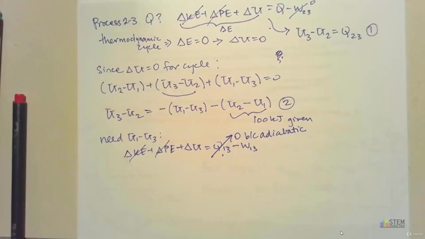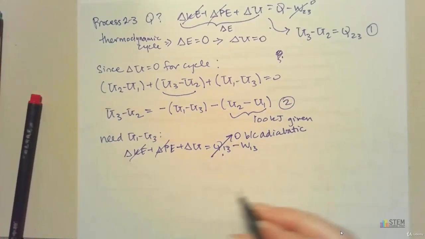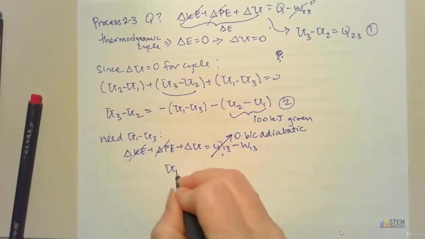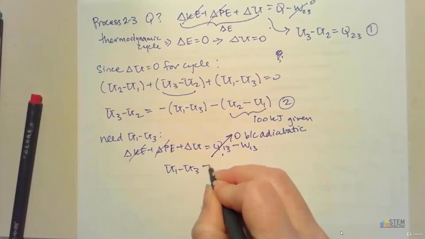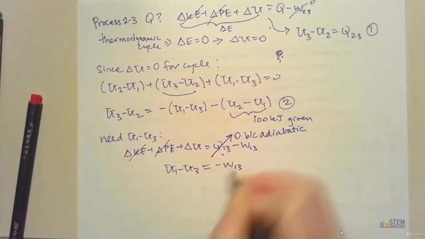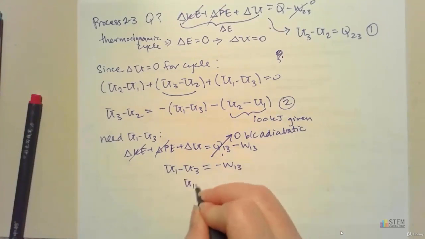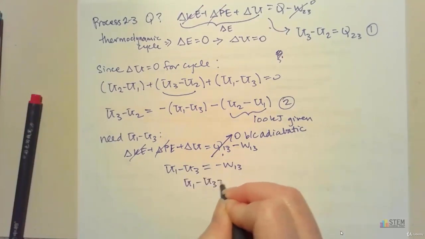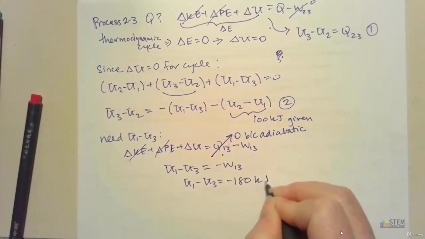So always look for those keywords. Now that we've got this equal to 0, this equation got a lot simpler. Now for delta U, we can do U1 minus U3 equals negative work for that process. We already found this value, so we'll plug in that work value. That gives us negative 180 kilojoules.